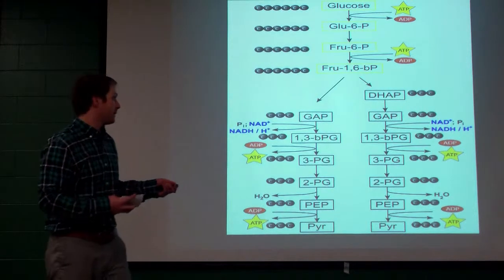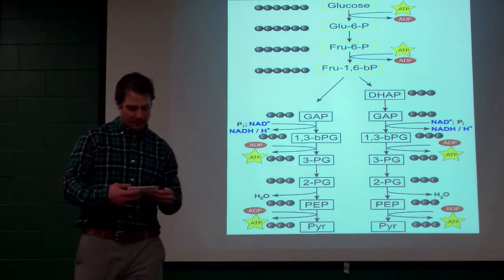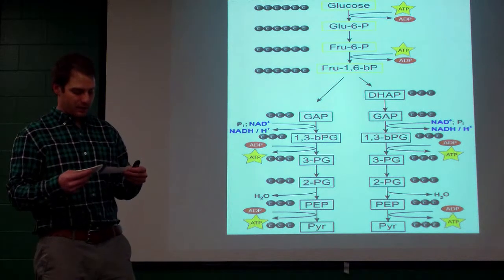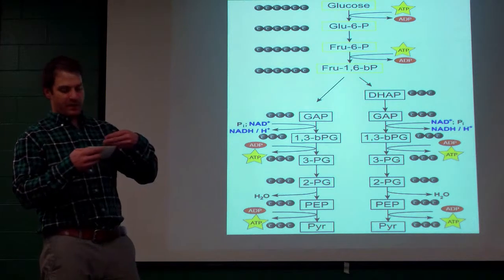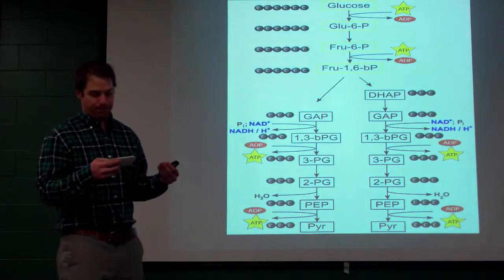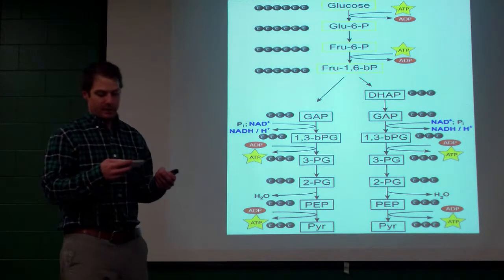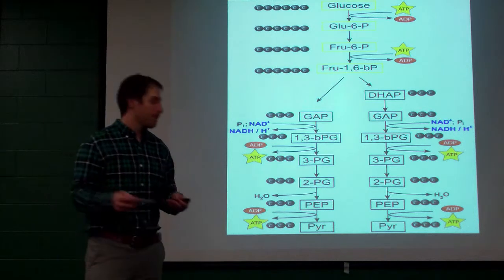And then, like I said before, in fast glycolysis, this pyruvate then forms lactic acid when hydrogen is released during glucose breakdown.